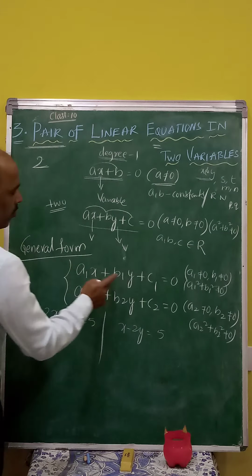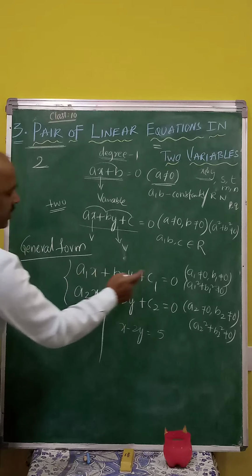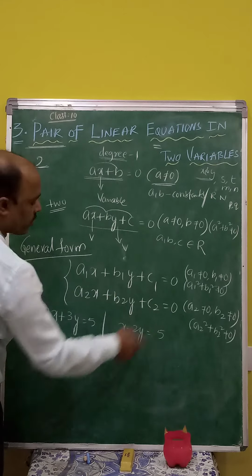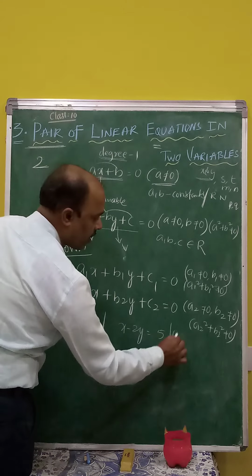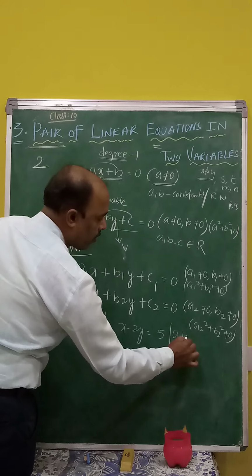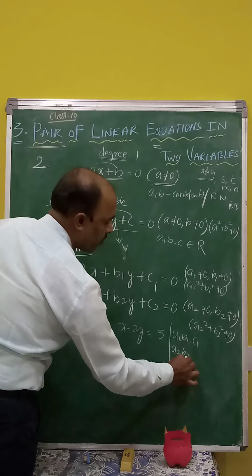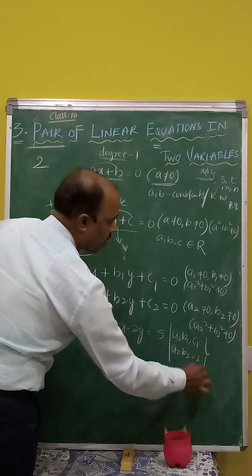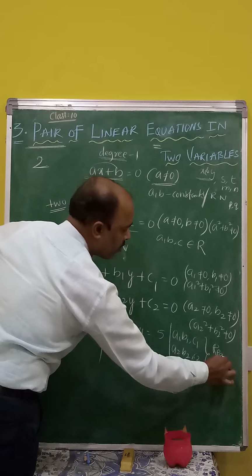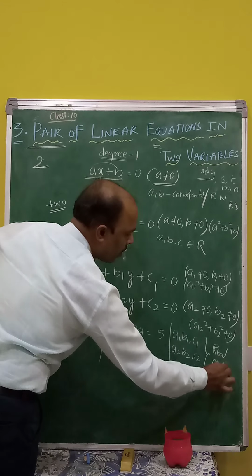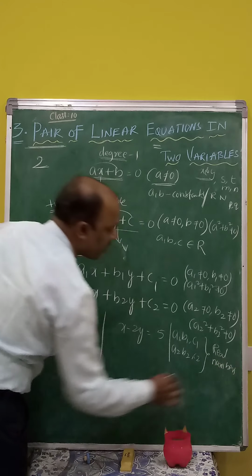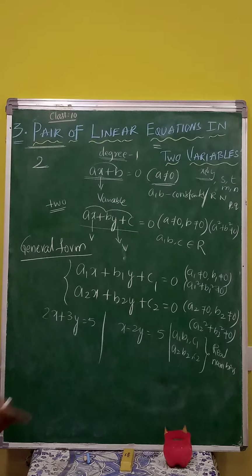Here a, b, c, a1, b1, c1, a2, b2, c2, these all are real numbers. Real numbers we already studied in chapter 1. Real numbers mean rational numbers and irrational numbers.